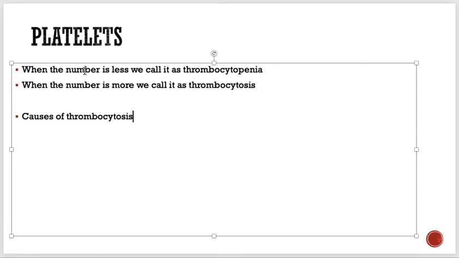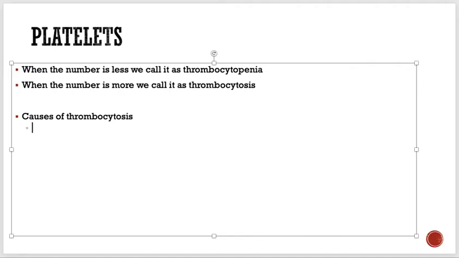Now, the causes of thrombocytosis, when the platelet number is increased in the blood. Platelets can be increased due to a primary condition related to the blood, or the increase can be secondary to some other changes or disease in the body.